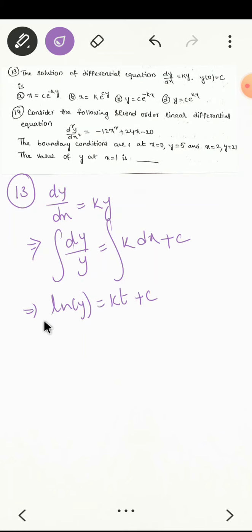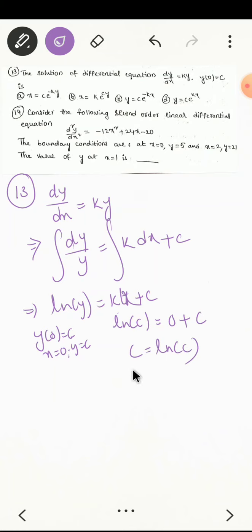Apply the given boundary condition, y of 0 equal to c. That means at x equal to 0, the y value is c. This will be ln of c is equal to k into 0 plus c, so the c value is ln of c.